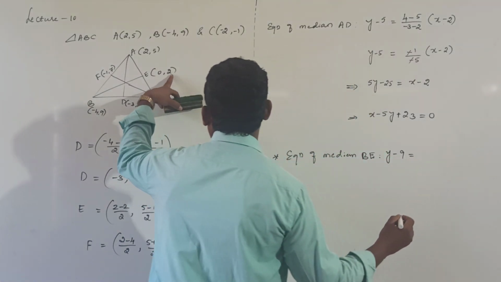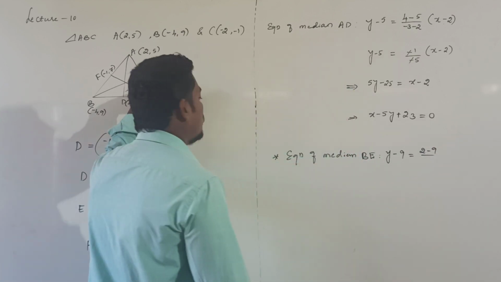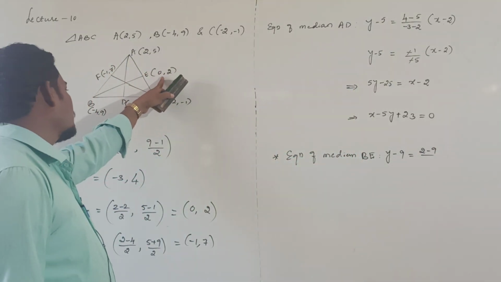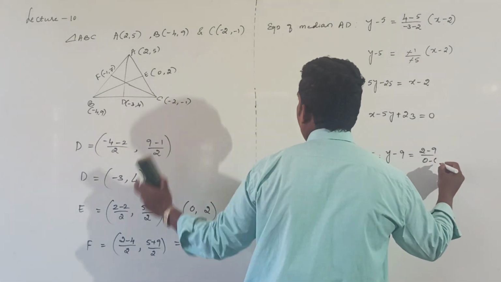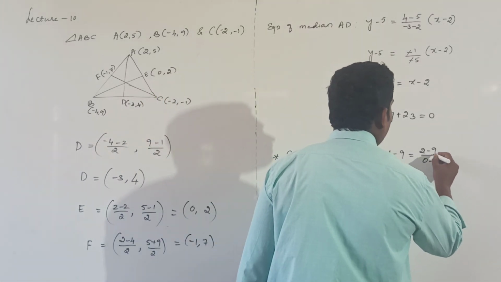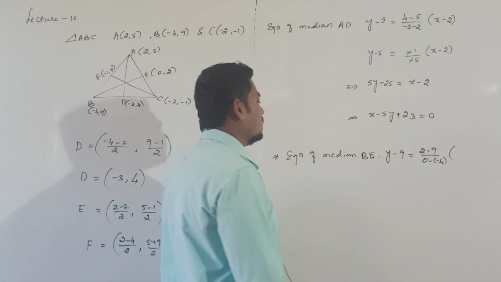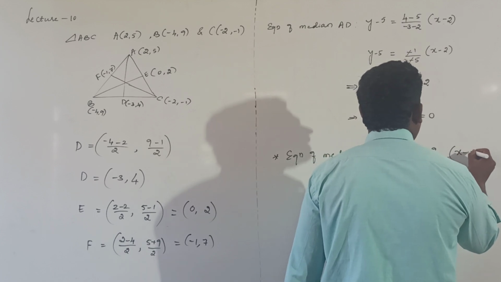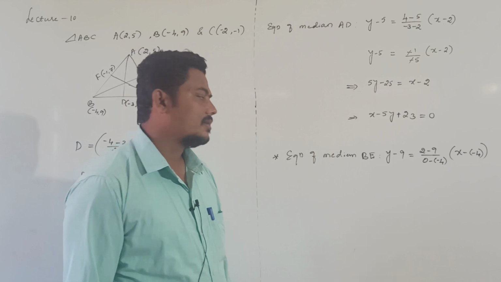What is y2? y2 is 2 here, 2 minus 9, divided by x2 minus x1, that is 0 minus of minus 4, right? Into x minus x1 here. What is the x1 value? x minus of minus 4. Why? Because the x1 value is minus 4, right?